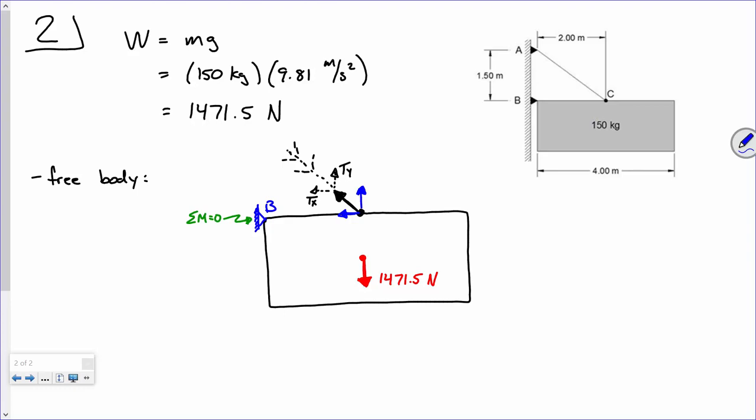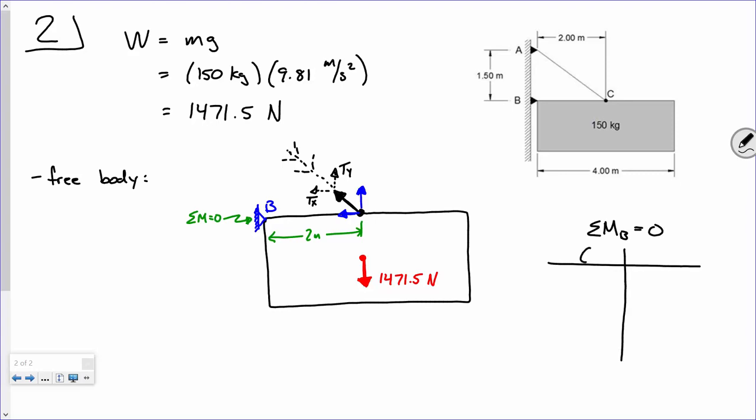All right. By the way, what is this distance from here to here? Did they give us that? 2 meters. All right. Now, if you haven't seen this before, this is kind of how I like to sum moments. What I do is I say the sum of moments about B has to equal 0, and then I draw myself a little table.